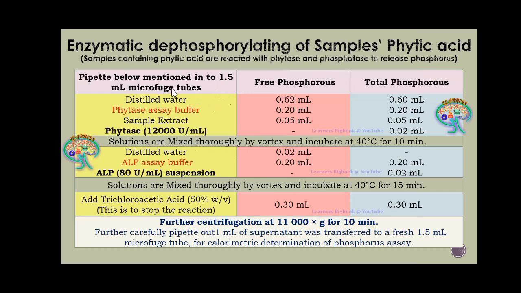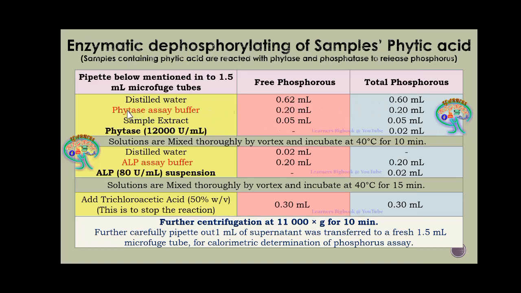After neutralizing, we take only 0.05 ml of that neutralized sample into each of two 1.5 ml microfuge tubes, one for free phosphorus and one for total phosphorus. In both tubes we take this sample extract of 0.05 ml each, and we add distilled water of 0.62 ml here and 0.60 ml here. It should be very accurate.